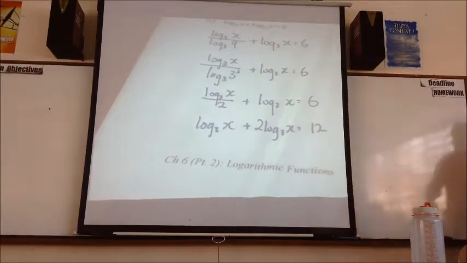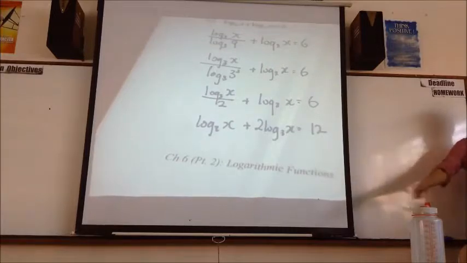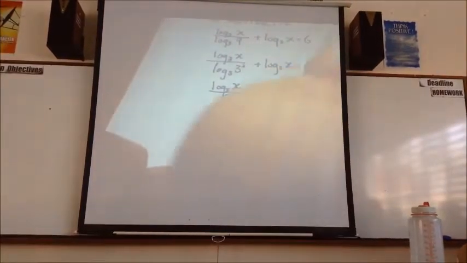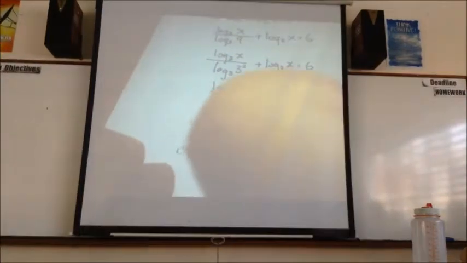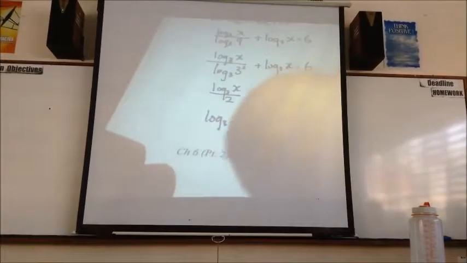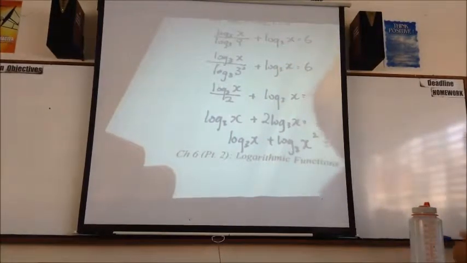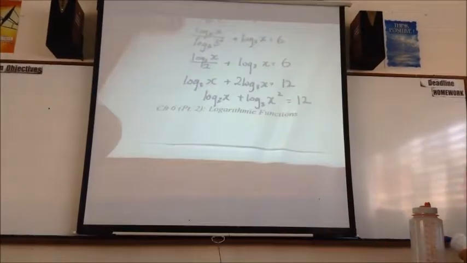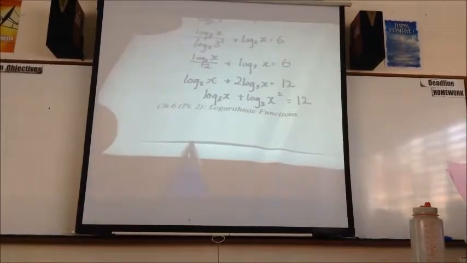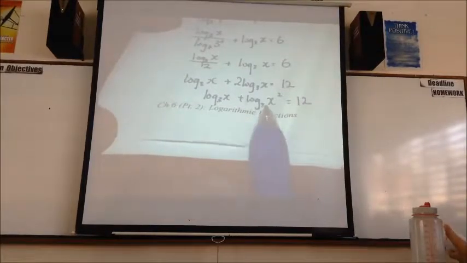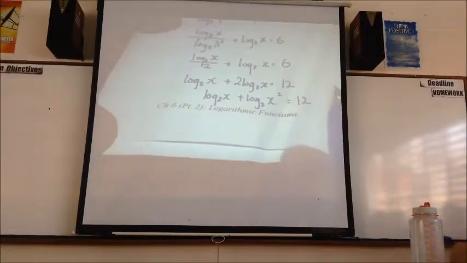I write slowly, you write faster, so you are ahead of me. It's always good to be slow and steady. So from here, how can I combine now? Combine to become what? Log 3x cubed.